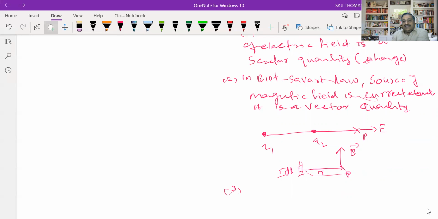So this is the third difference. In Coulomb's law, there is no angle dependence.